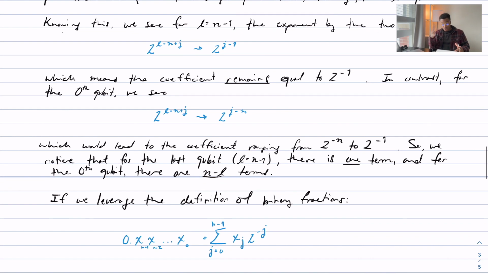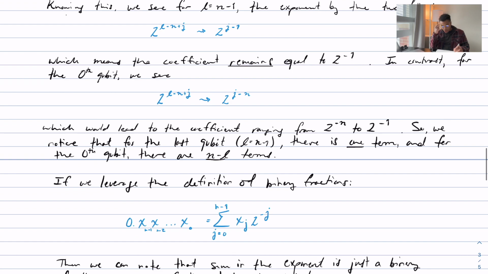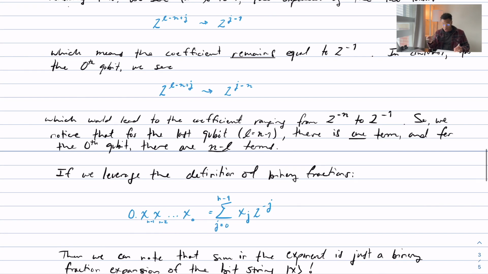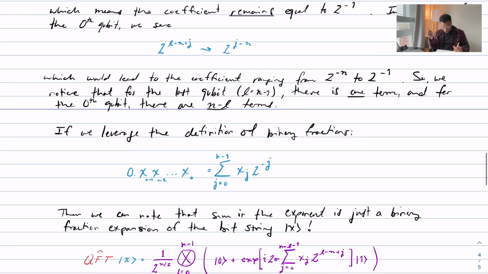But now if we go to the 0th qubit, and the difference between the n minus 1th qubit and the 0th qubit is primarily a convention in terms of how you're organizing your particular algorithm to account for the qubits on your QPU. But if we look at the 0th qubit, then we'll notice that it has all n terms in the expression.